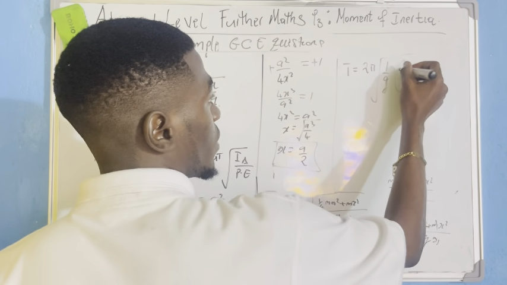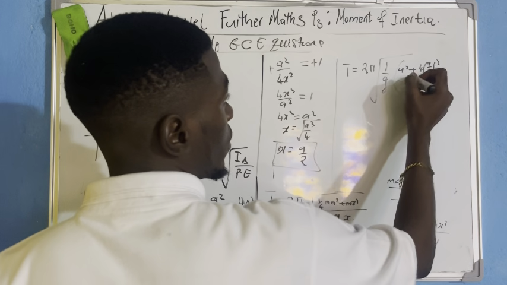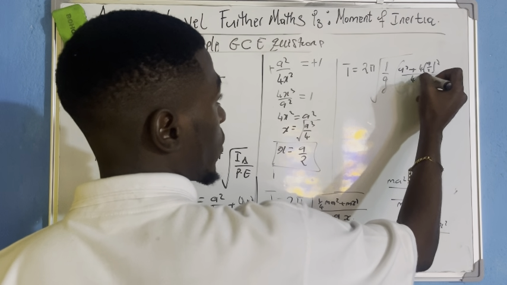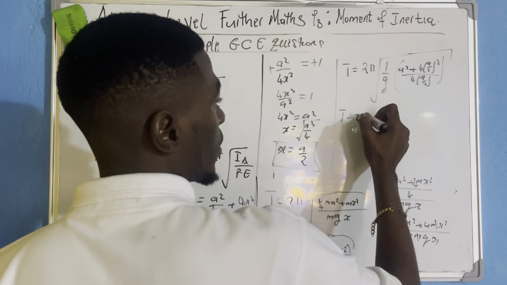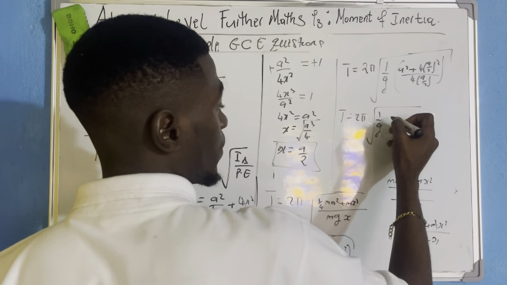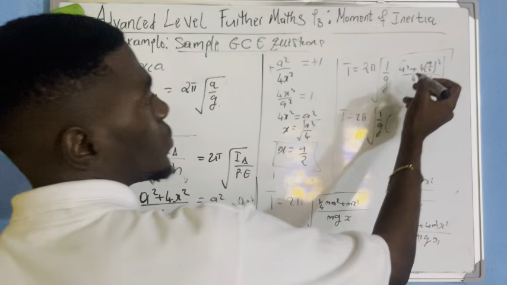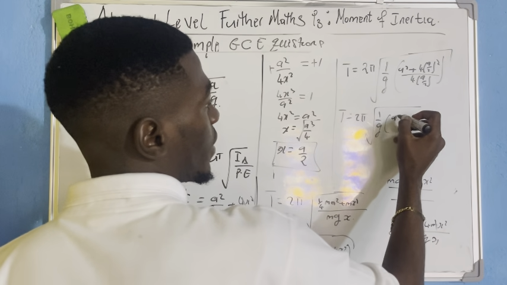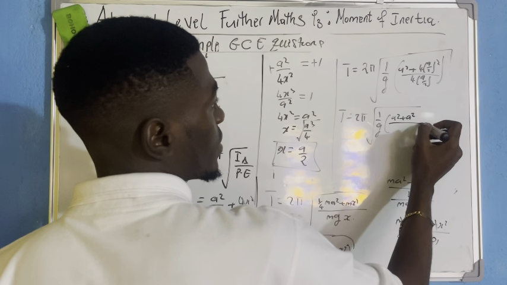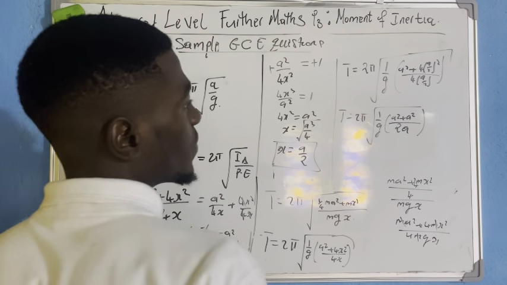I'll have a squared plus 4 into a all over 2 squared, so T is equal to 2 pi square root of 1 all over g, times a squared plus a squared, divided by 2a. I think it is so now.